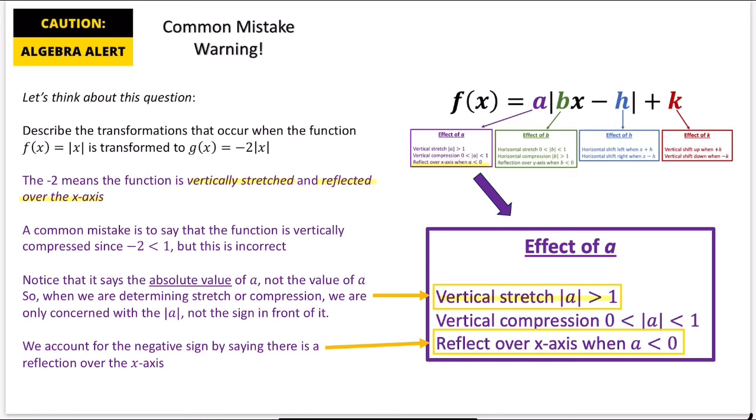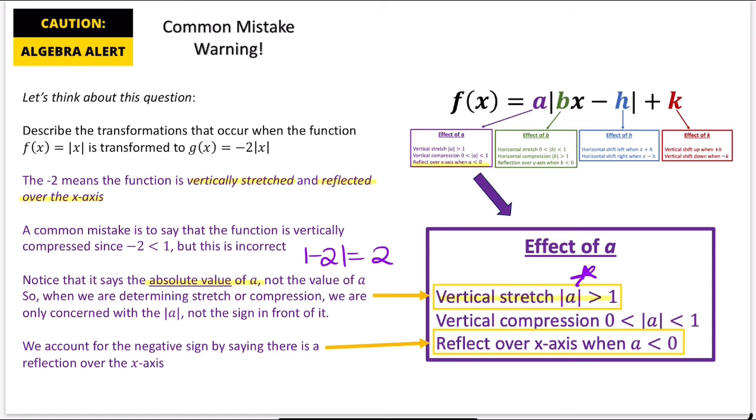Well, notice here that it says the absolute value of a, okay? So we're not looking at a itself, we're looking at the absolute value of a, and that is very important here. So the absolute value of negative 2 is actually positive 2, okay? That's how we say that it's a vertical stretch.